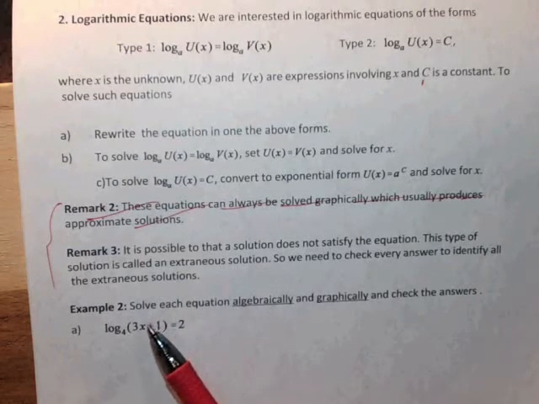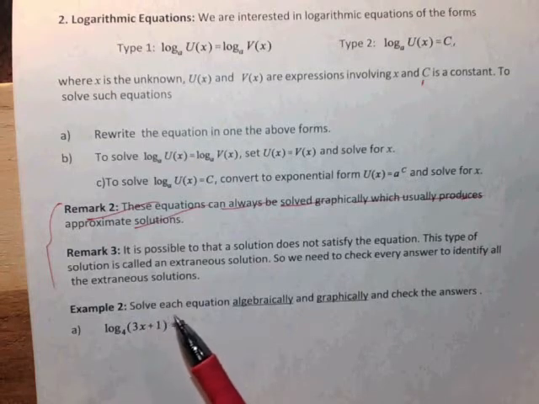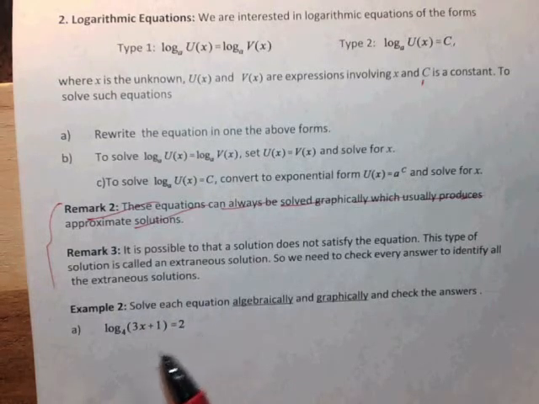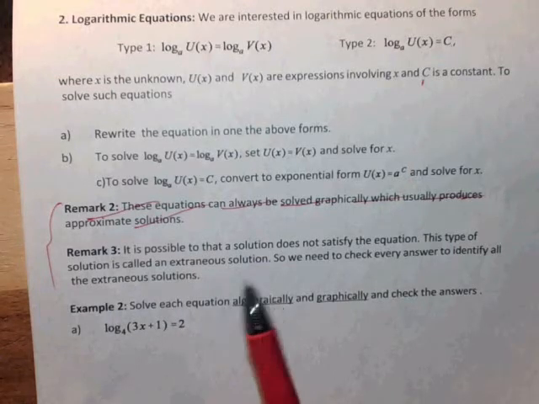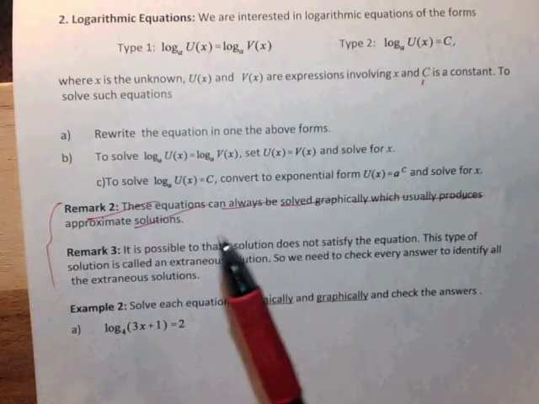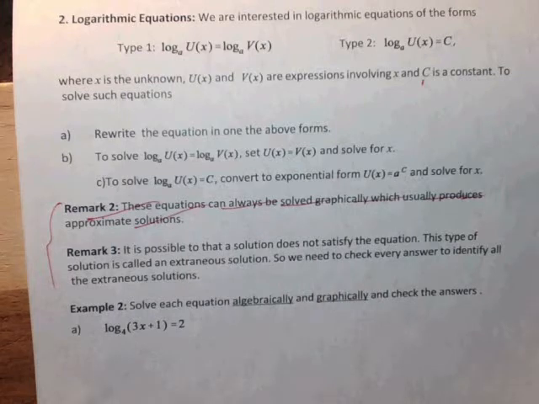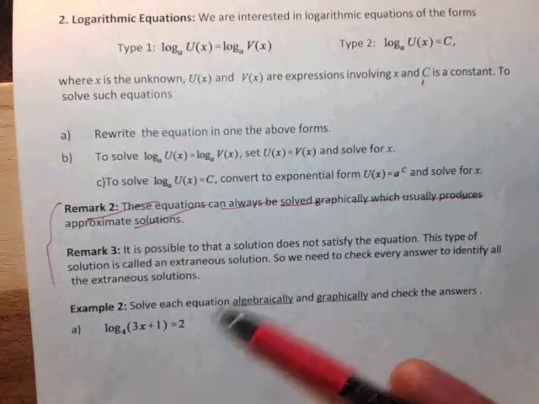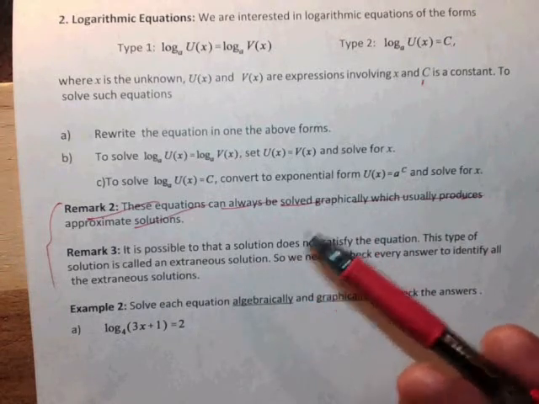Okay. This remark basically says that when you solve a logarithmic equation, at the end you have to check your answers, because sometimes you solve and get an answer for the unknown, but that answer actually doesn't work. That's possible. We didn't have this situation for exponential equations. I'm not going to talk about the reason why this happens.